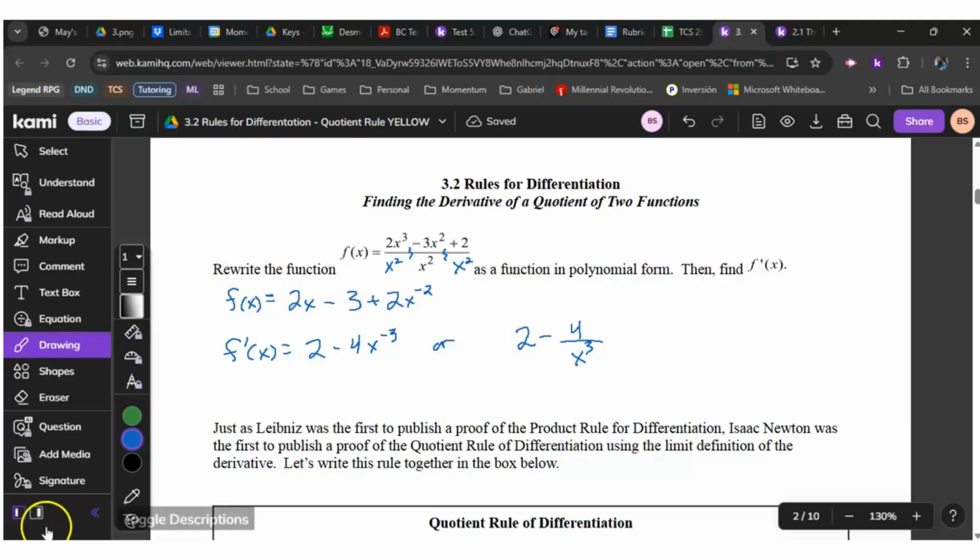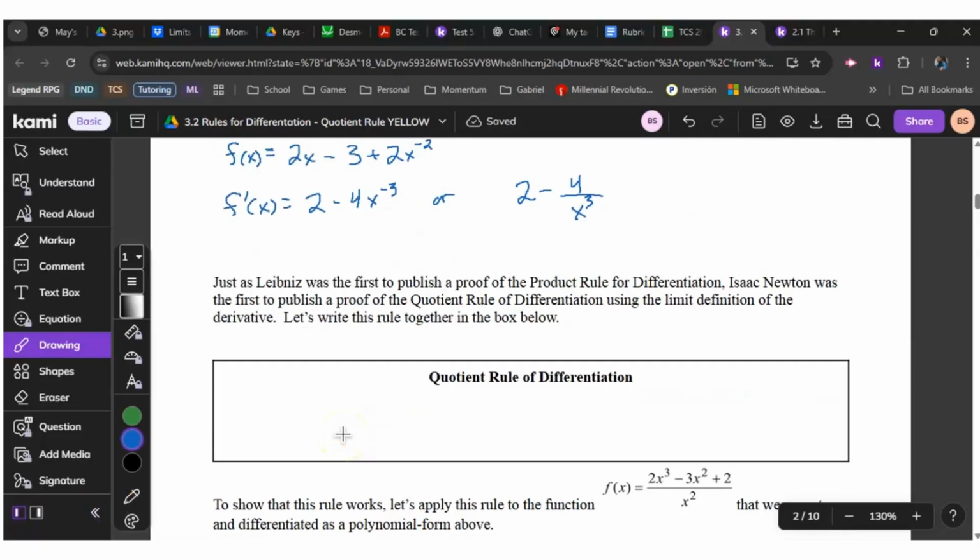All right. So, just like Leibniz was the first to publish the proof for the product rule, Newton was the first to publish the proof for quotient rule. Using the limit definition of the derivative, let's write this rule together in the box below. So, if h of x is equal to f of x over g of x, then h prime of x is equal to f prime g minus f g prime all over g squared.